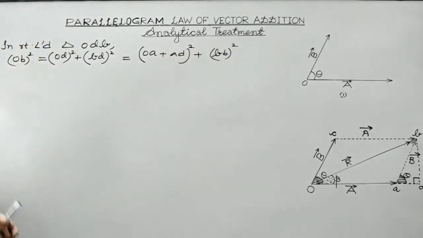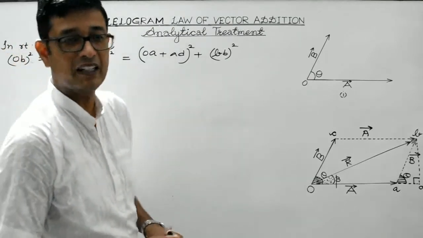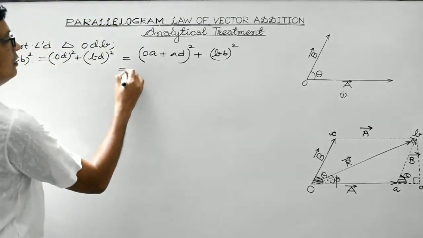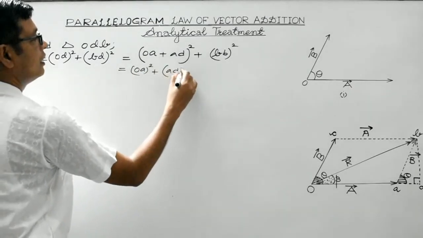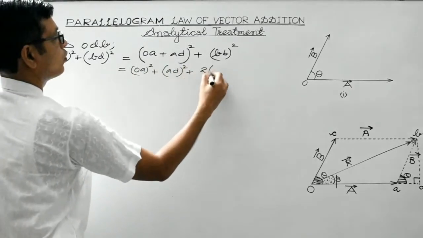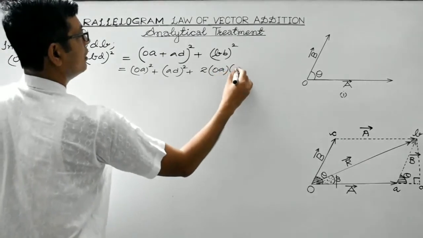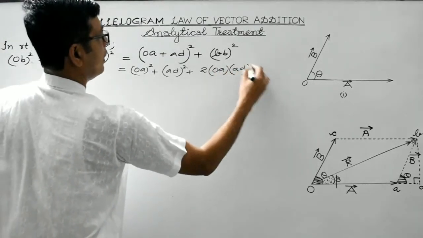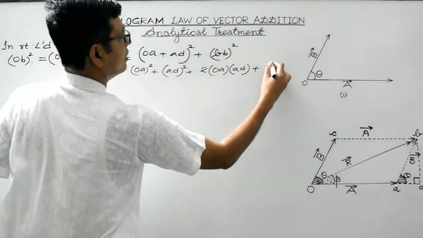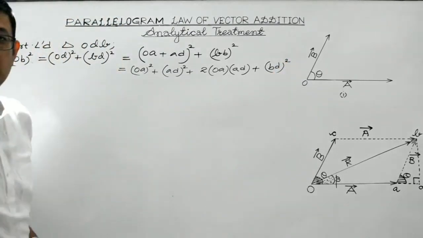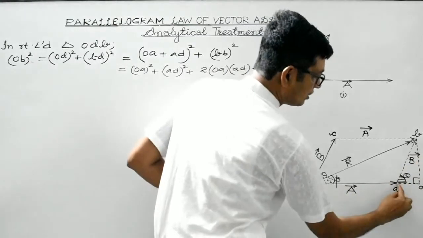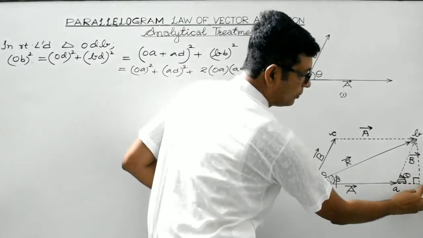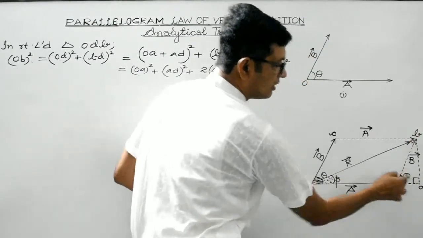So it is in the form of A plus B whole square. We can expand it, so we get OA square plus AD square plus twice OA AD plus BD square. Clear, students? Now we need to represent AD in terms of B and theta.